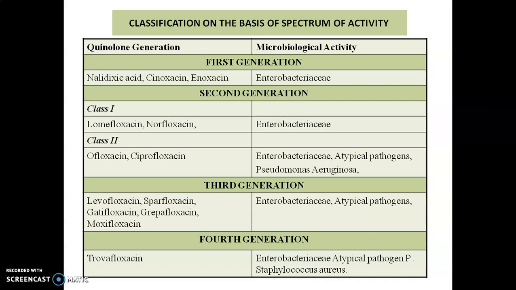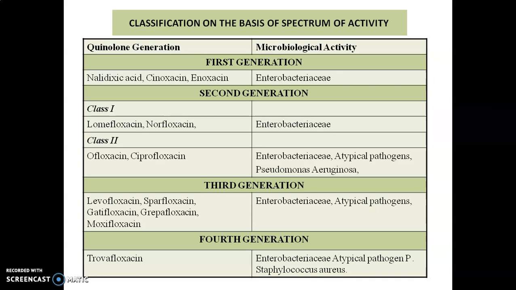Second generation fluoroquinolones include norfloxacin, ciprofloxacin, ofloxacin, and lomefloxacin. They have activity against Enterobacteriaceae as well as Pseudomonas aeruginosa and atypical pathogens.